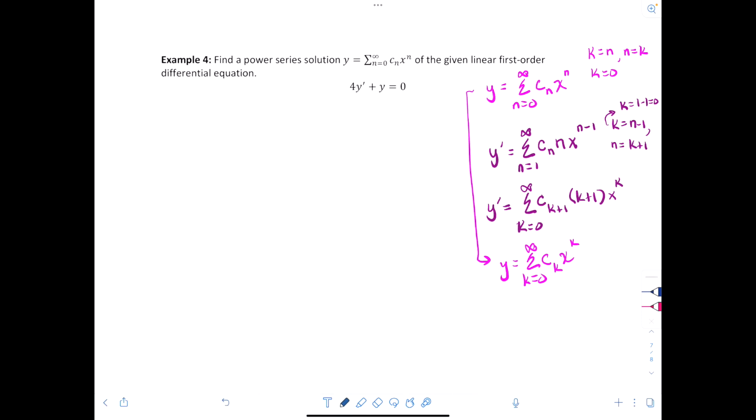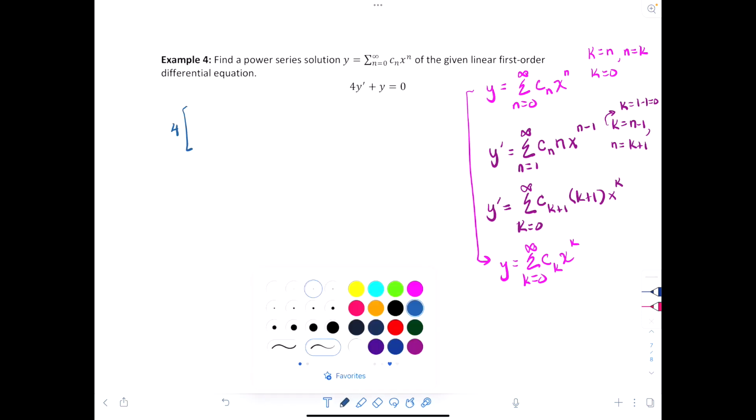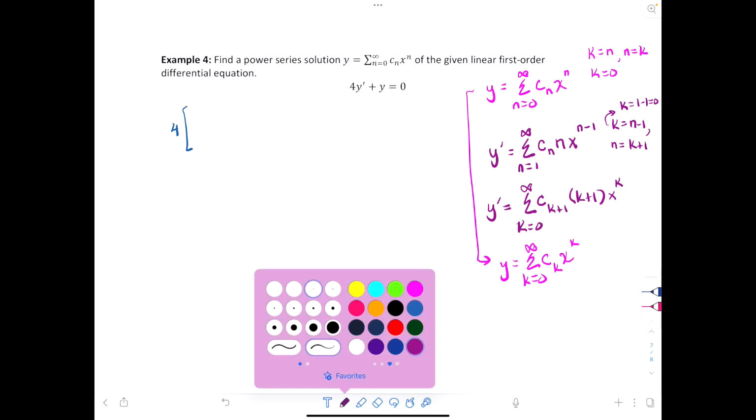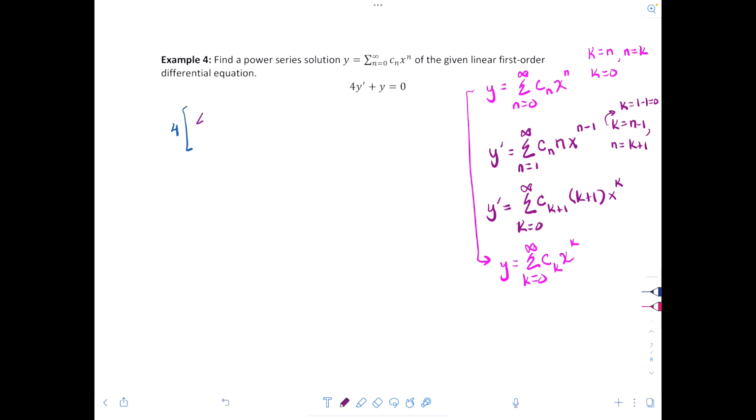All right. So now what we do is we want to substitute these summations into our given equation. So we have 4 times y prime. Well, y prime was the summation as k goes from 0 to infinity of c sub k plus 1 times k plus 1 times x to the k. And then plus y.